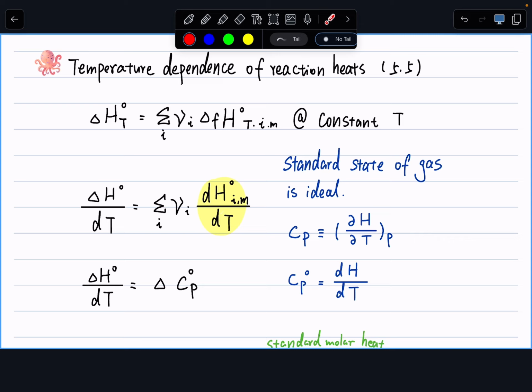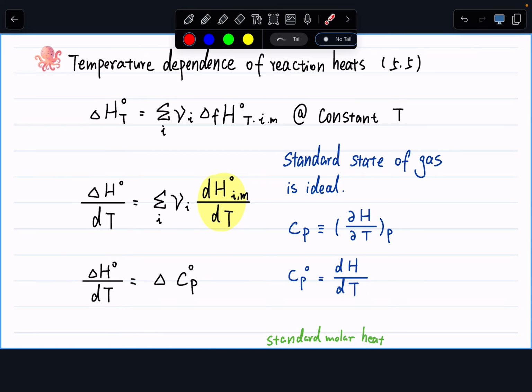But this standard state delta H is dependent on temperature. So what does that mean? That means if we don't have constant temperature, if we're changing the temperature, the reaction heat might also change with respect to temperature change. So how does that happen?